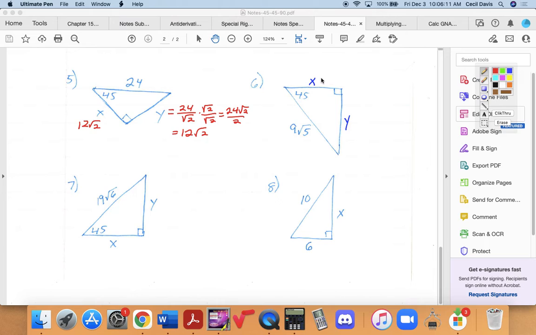So what do we need to do to the hypotenuse to get the leg? Exactly right. Thank you, Caitlin. Divide by the square root of 2. Can we reduce that? Nope. So we're going to rationalize by multiplying by square root of 2 over the square root of 2. That's 9 square roots of 10 over 2.